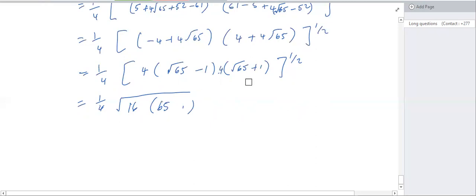Now surely you can see the answer, square root of 16 is 4. So quarter times 4, square root of 64, which is equal to 8 units squared.